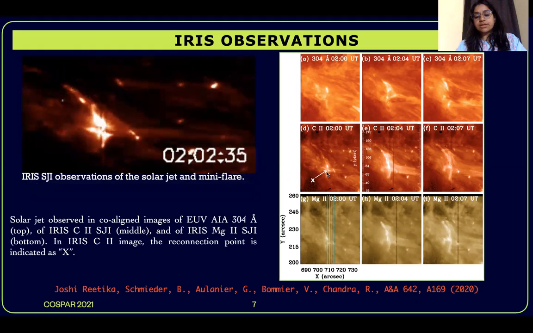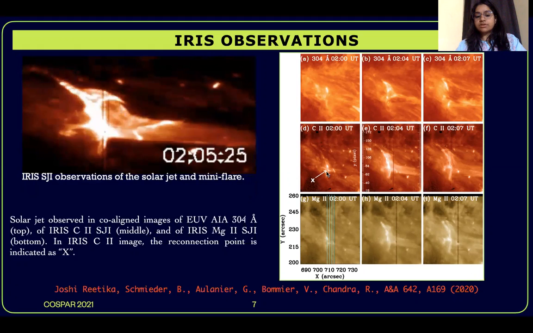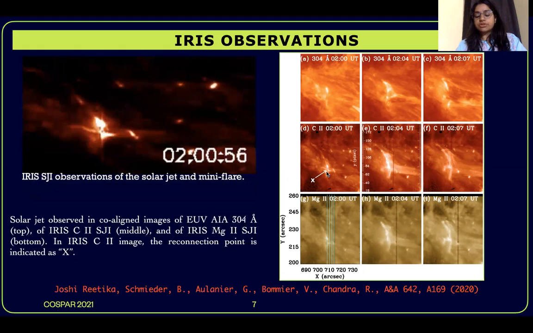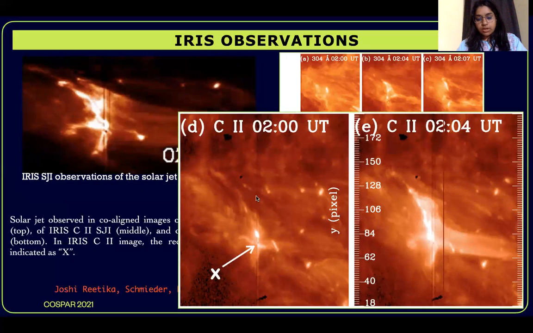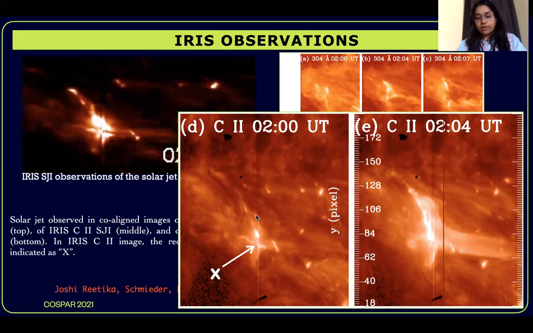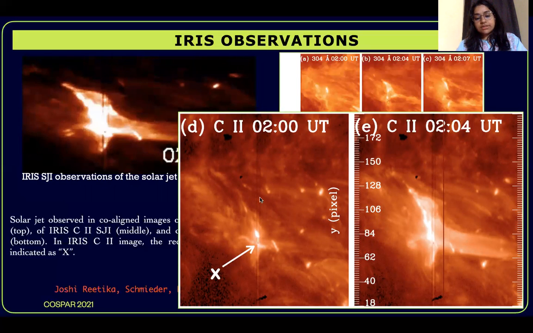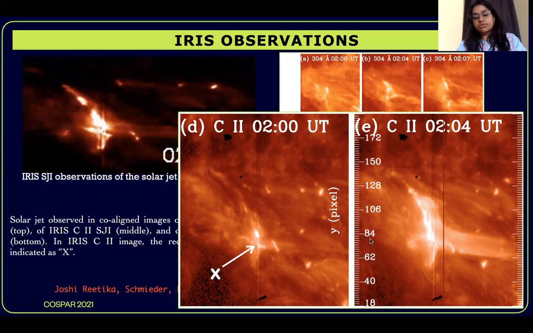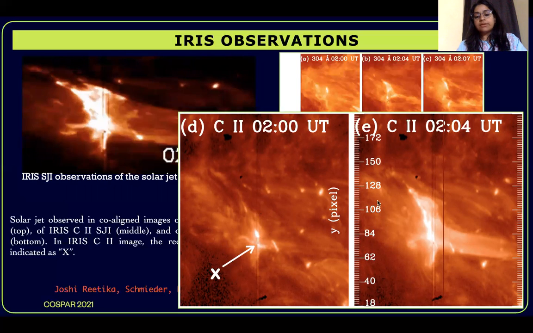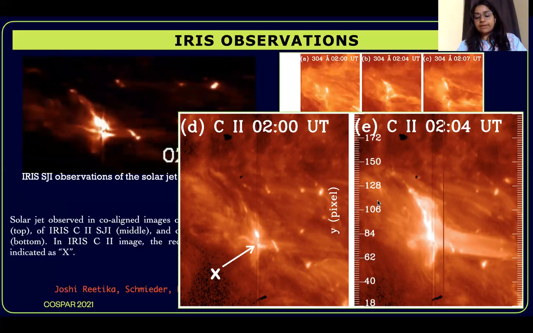The interesting thing is that IRIS scanned the active region with 4 slit positions, and the slit 1 position was exactly at the jet location. This slit crosses the reconnection point, and with the different pixel values of Y, we can make the spectrum analysis.